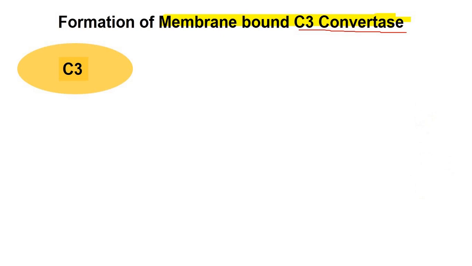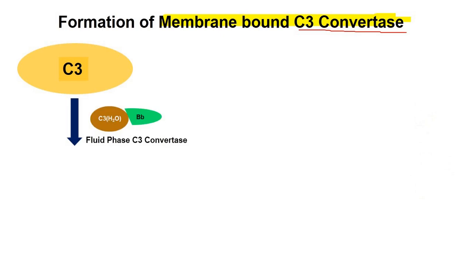So, C3 is acted upon by fluid phase C3 convertase. What is fluid phase C3 convertase? Just now we saw C3(H2O)Bb is the fluid phase C3 convertase. Can any of my students say what C3(H2O)Bb is going to do to C3?